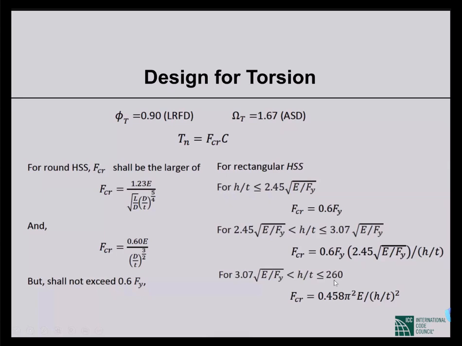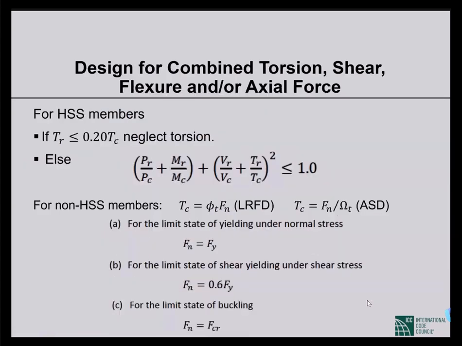Anyway, we can understand that we have a completely plastic case, an elastic buckling and inelastic buckling phase, similar in all the modes of load transfer. When there is combined torsion and shear and axial and flexure, then we have to give this check.